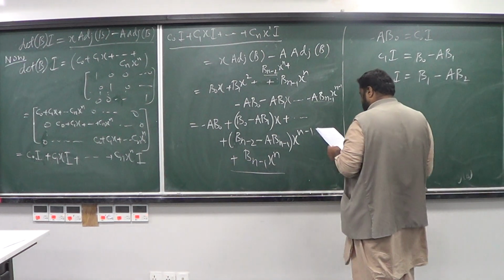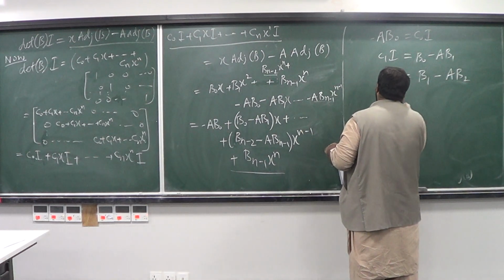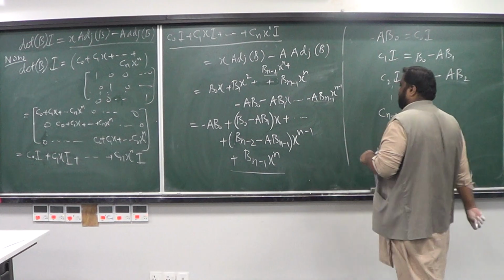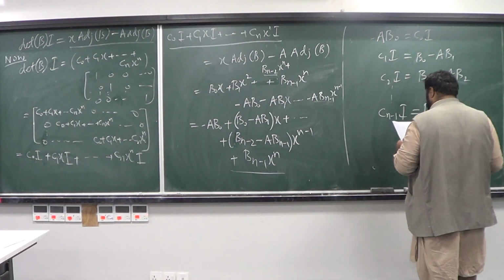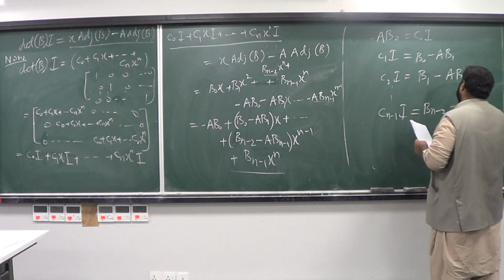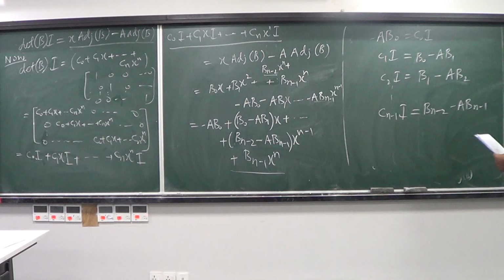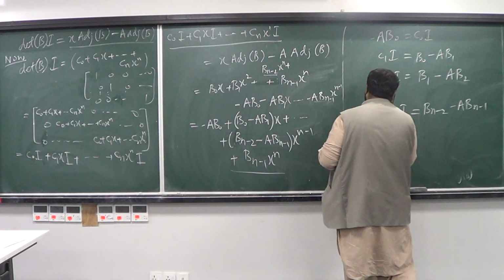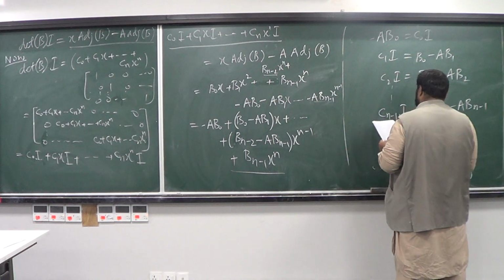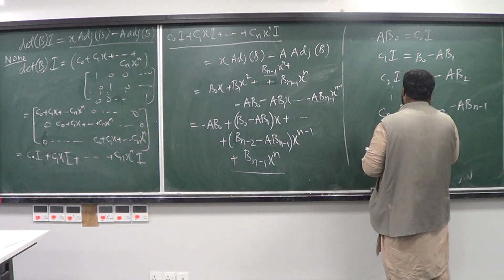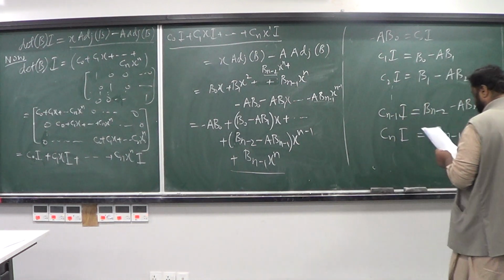So the second last term is Cn minus 1 I equal to Bn minus 2 minus ABn minus 1, and the last term is Cn I equal to Bn minus 1. This is what you're going to get.